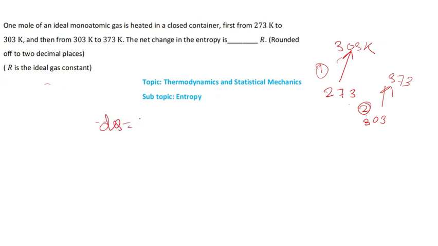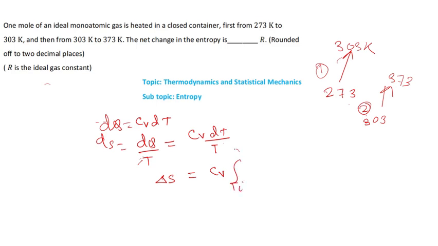So dq is equal to Cv dT, and dS is equal to dq by T, so Cv dT by T. If we integrate, we have S final minus S initial equal to Cv integral of dT by T from initial to final temperature. So delta S is composed of 2 steps, that is S1 and S2.